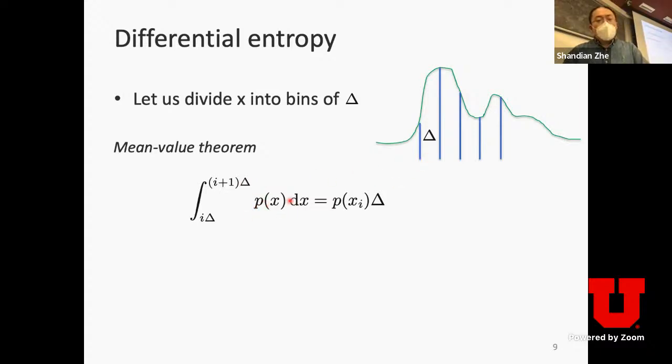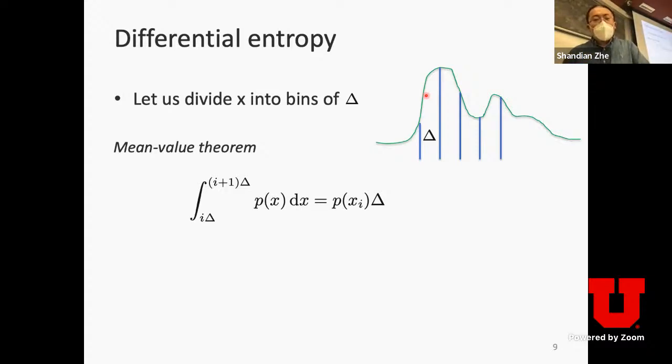And the density across this bin is actually the probability mass over this small bin. So according to the mean value theorem, it is equal to the density at some point inside this bin times delta. This is just a basic calculus result. Don't feel uncomfortable, this is from a calculus book.